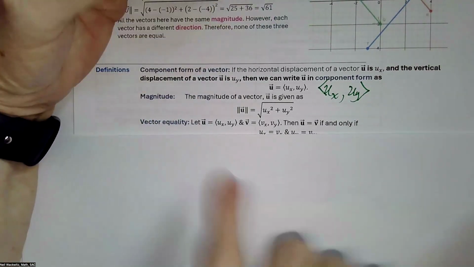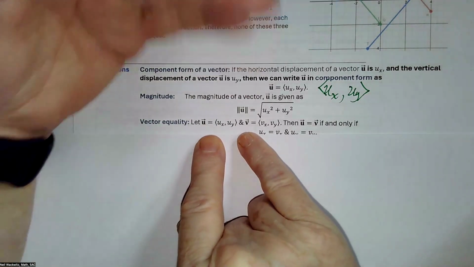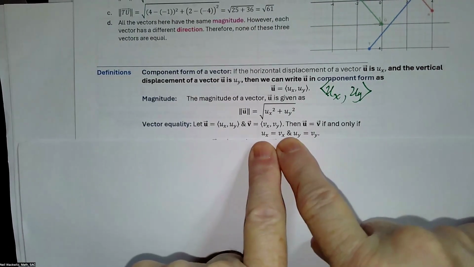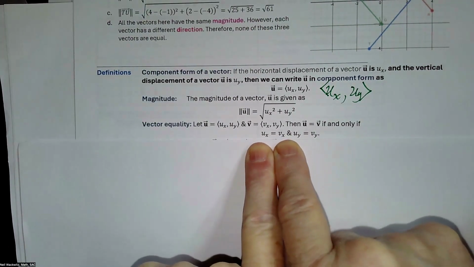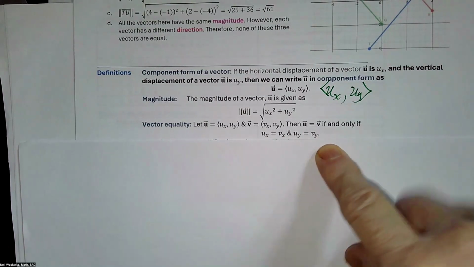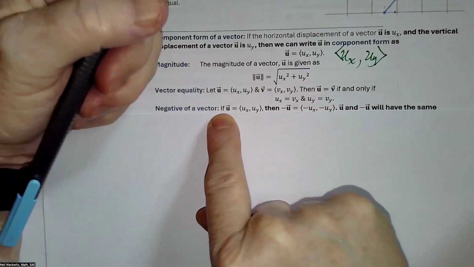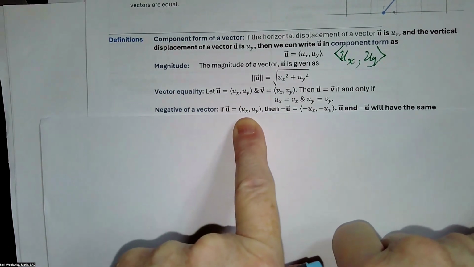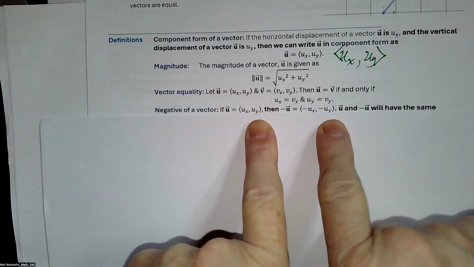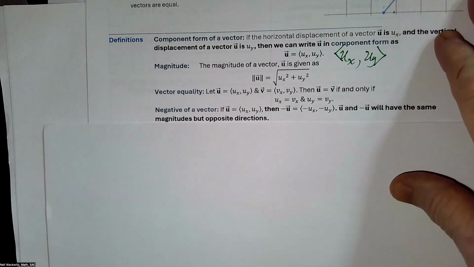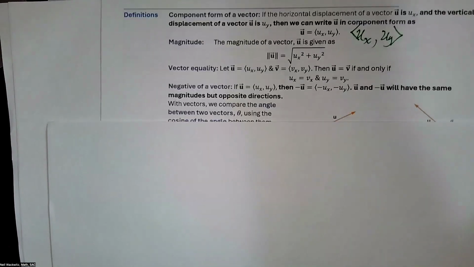And we say that two vectors, u and v, are equal only if u sub x and v sub x are the same, and u sub y and v sub y are the same. The negative of a vector u is exactly the opposite, so it's negative u sub x, negative u sub y. U and negative u will have the same magnitude, but obviously opposite direction.